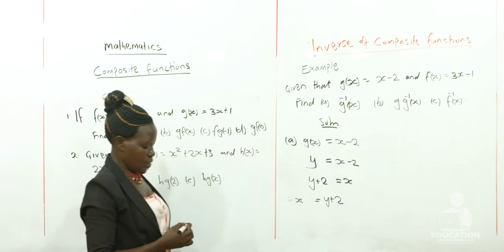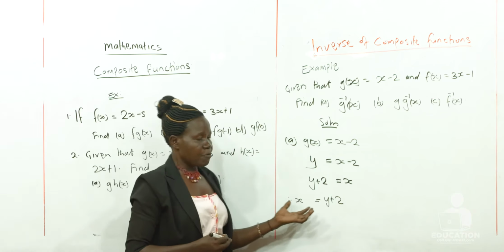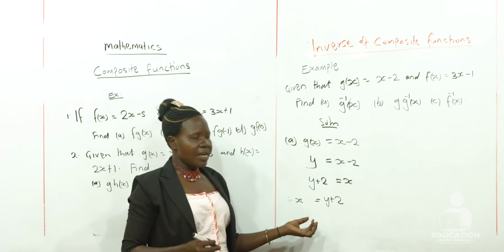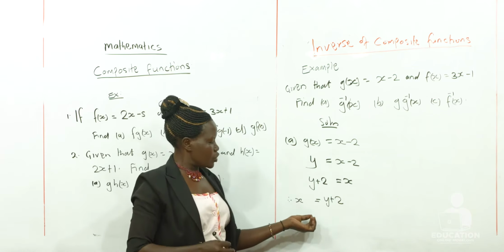So, learners, when you reach this point, remember in the previous lesson we said once you get x alone, it is at that point that you will now find the inverse. When you are finding the inverse, you interchange, or substitute y with x.